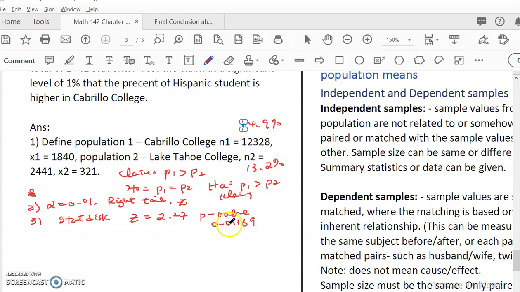Usually if it is 0.05, if we see 0.01 something, we know that we have to reject H0. If it's a rare sample, it's 2.27 standard errors. So Cabrillo College minus Lake Tahoe College, the proportion difference is actually 2 standard errors away from 0. But the p-value is 0.01169.